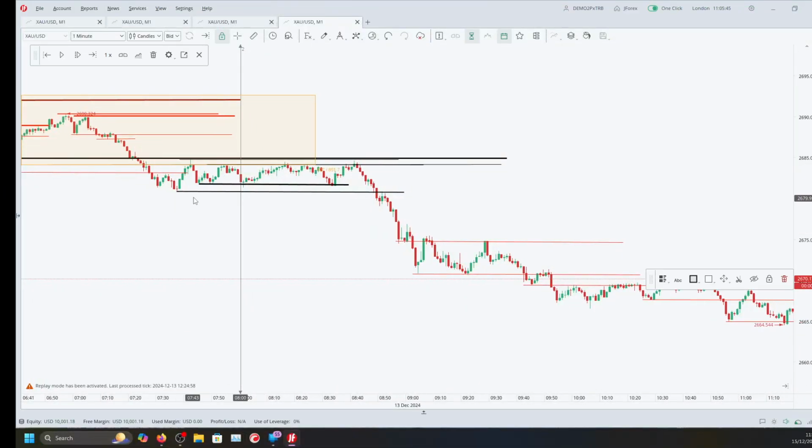You see, like this, if this had continued and started making higher highs, price went up, it comes back immediately and forms a higher low that's relatively close to the low.